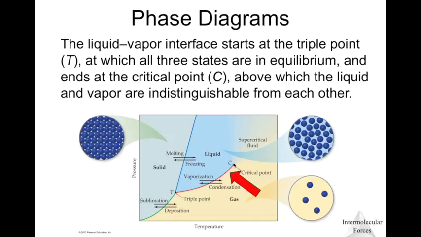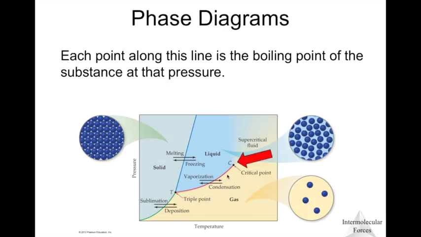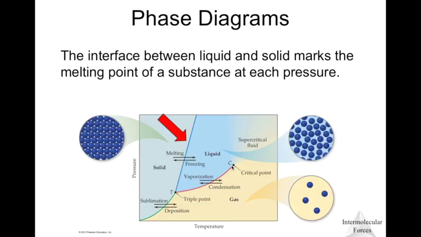And this ends at the critical point. This is the point where basically you can't tell the difference between the liquid and the vapor. It just kind of becomes one, more or less, right? And then throughout here you're at equilibrium between vaporization and condensation. Then this would be the boiling point, obviously, all along here, like we just talked about.